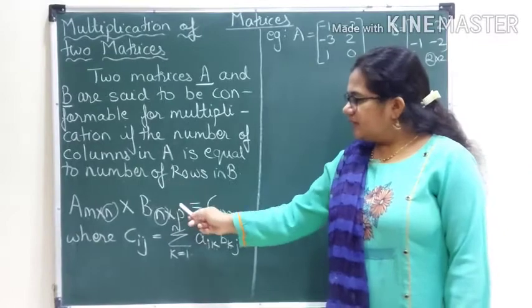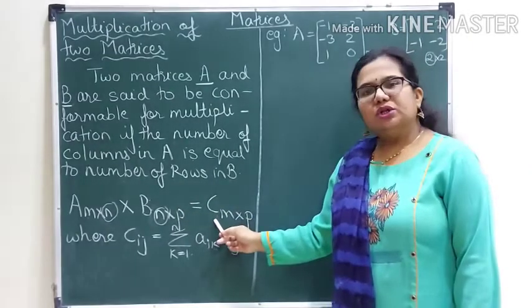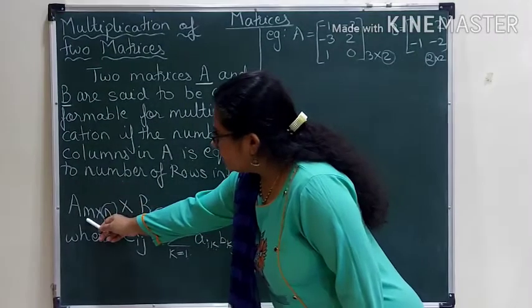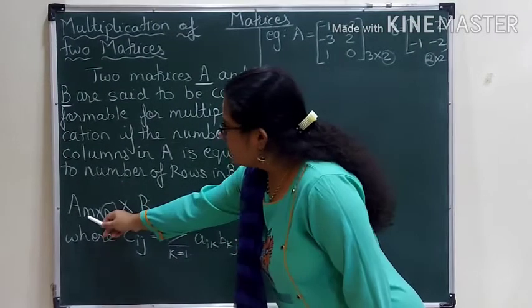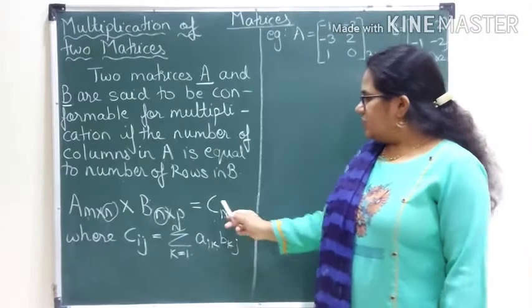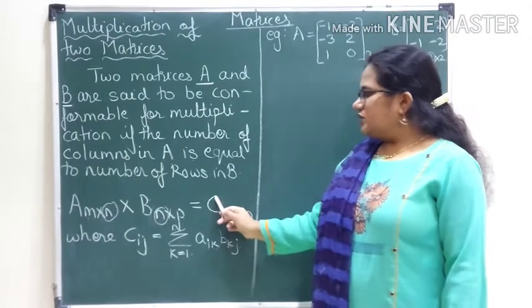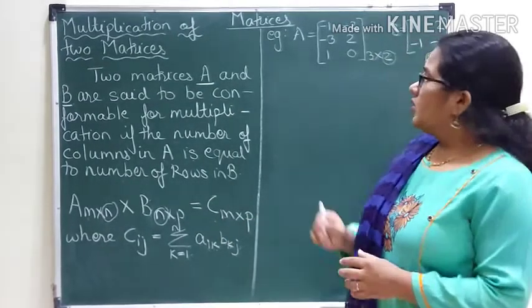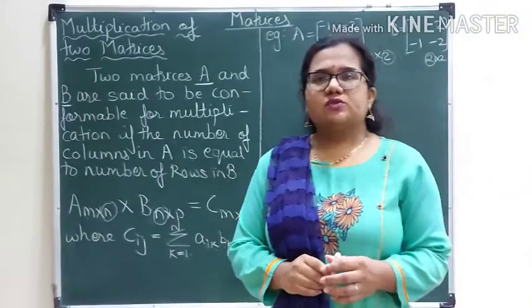After that, multiplying the two matrices, you get a new matrix whose order will be the number of rows of A into the number of columns of B. So C is m cross p. So this will be your new matrix. Okay. So what is the condition for two matrices to be multiplied?